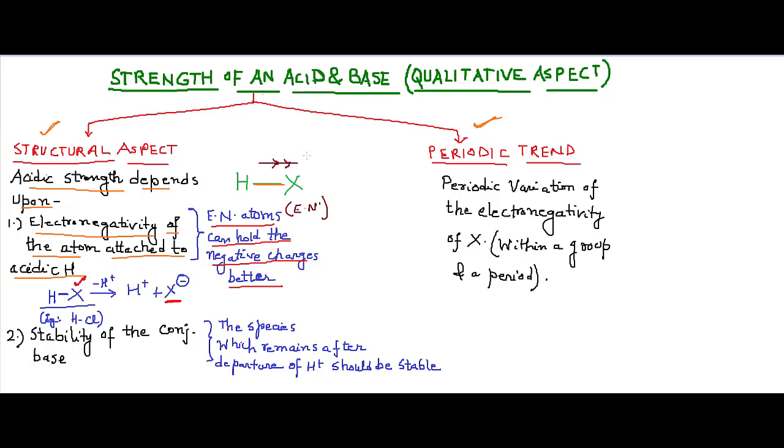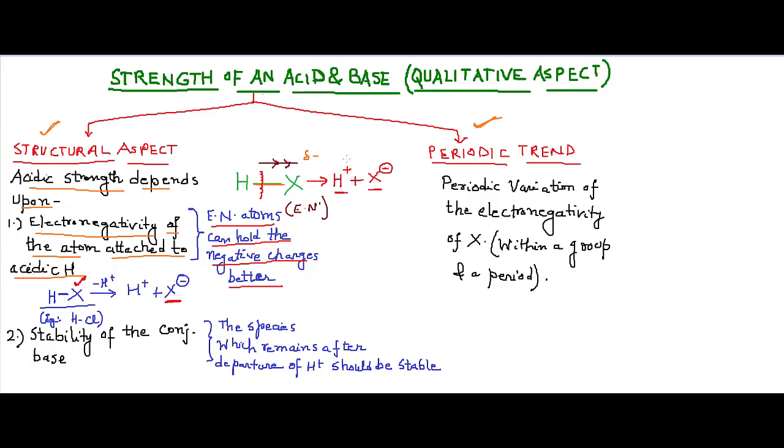Then it will develop a partial negative charge, and because of this, breaking of the HX bond will be easier, which will result in the easy donation of protons by the acid, and finally breaking of this bond to give H plus and X minus.